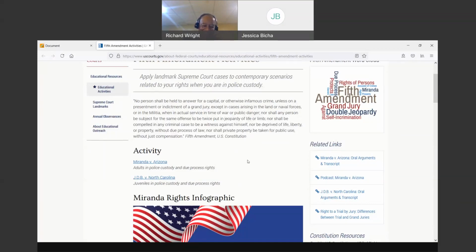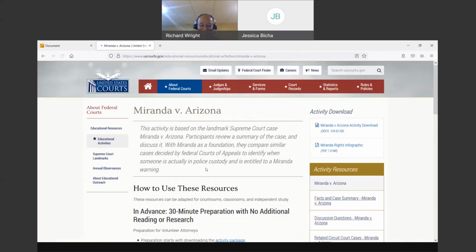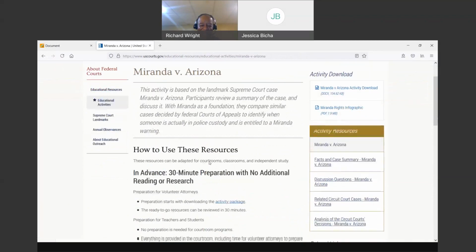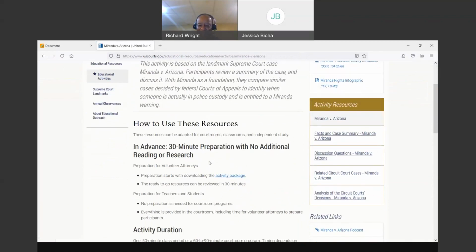Didn't happen. But every time a case came up before the United States Supreme Court involving Miranda versus Arizona, he would submit a brief on behalf of the prosecution.